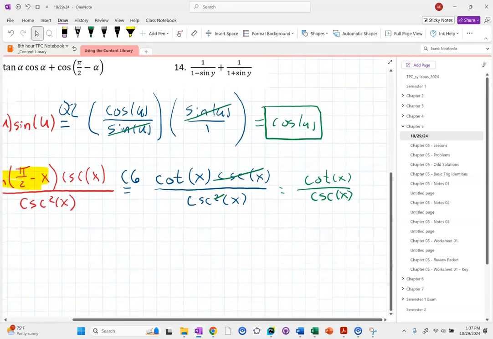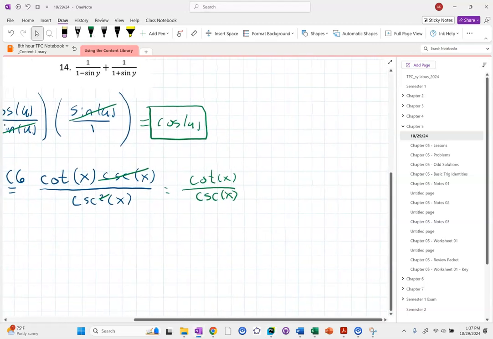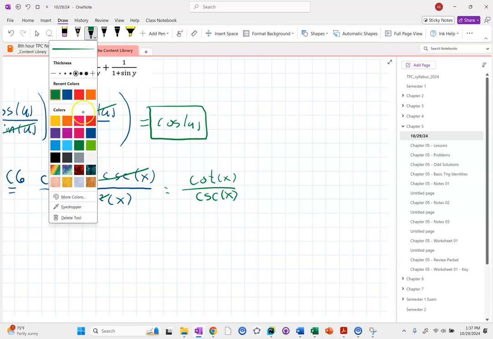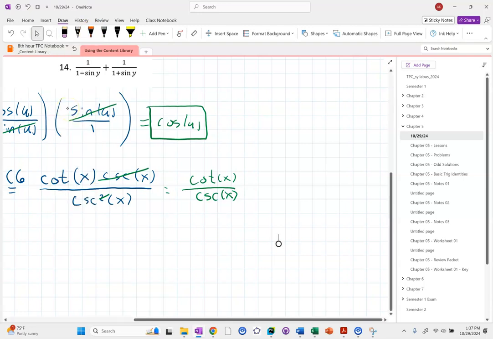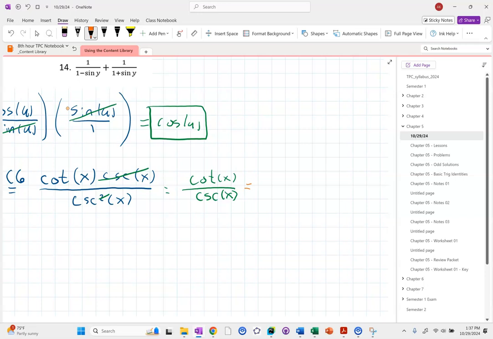Next up, Jacob. Algebra or identity? Great. What identity do you want to use? Okay, let me give you a little hint here. When I have a fraction and I'm going to use an identity like this, I'm probably going to use a reciprocal or a quotient identity, which can make a fraction inside of a fraction, which I kind of hate.